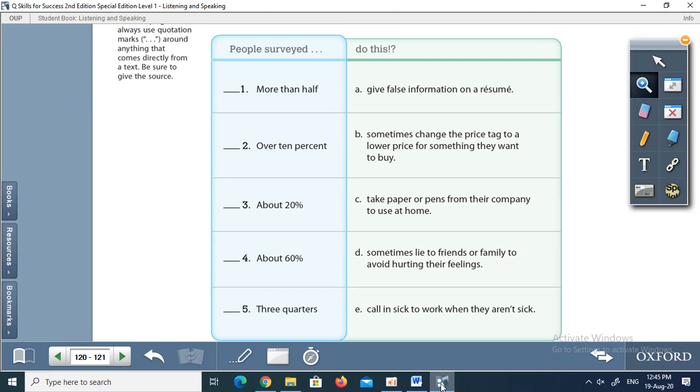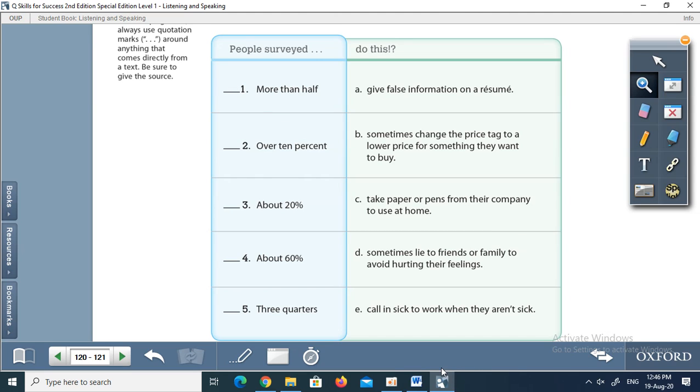What you need to do is read through this part of the survey and ask yourself which part on this side joins to which part on that side. And then you take the letter here and the right letter gets moved there.